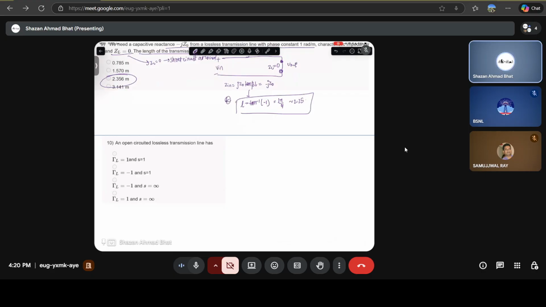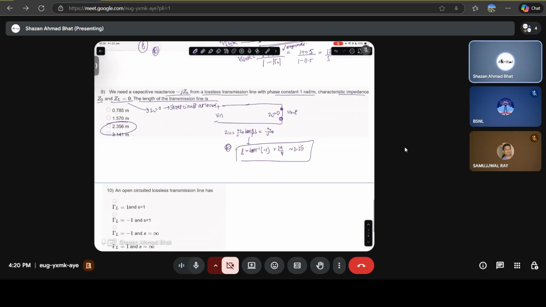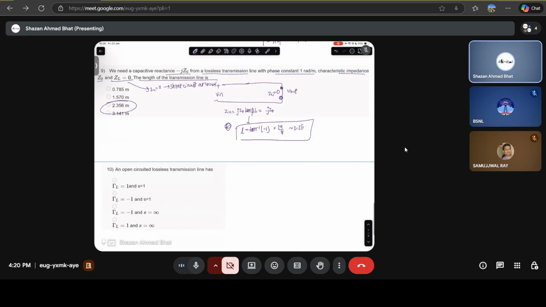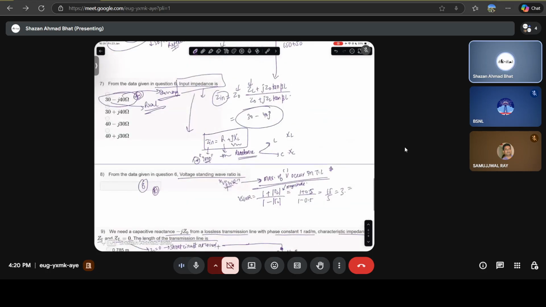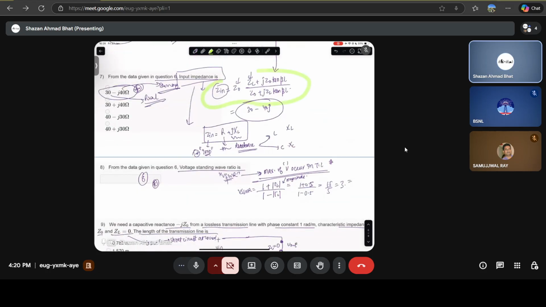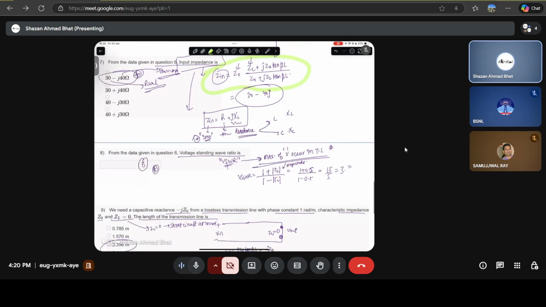This is the length scale of the transmission line, which can be obtained from the relation simply. This is the exact relation we used, but because ZL equals 0, you have Z in only equal to J times Z0 tan of beta L. That's as simple as that.